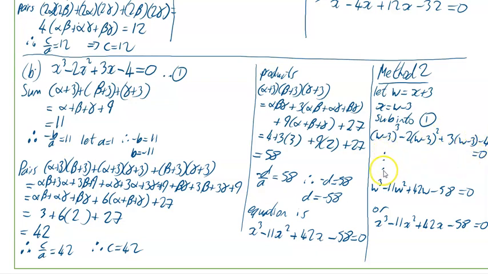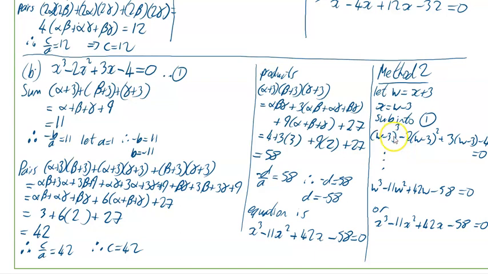Okay, I've done a wee dot dot dot because life's too short. You can do this out in your own time, but when you multiply this out, you would get w cubed minus 11w squared plus 42w minus 58 equals 0. Now I've left out a significant bit of working out, which is not easy, but it is just multiplying out.